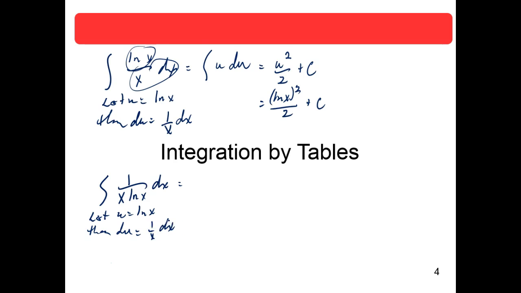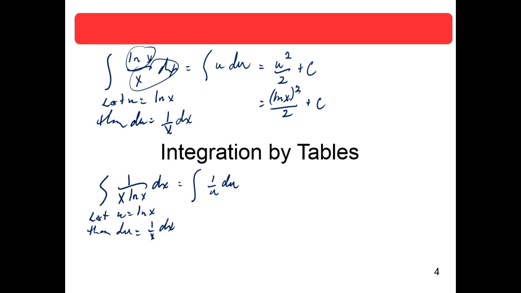Got it. Now let's see what we got. The integral of... So it would be 1 over u du, because 1 over x dx is your du, and log x is your u.